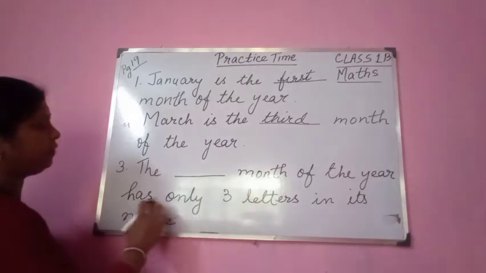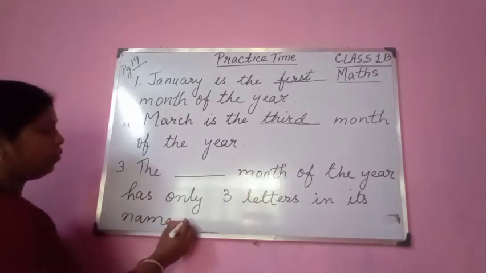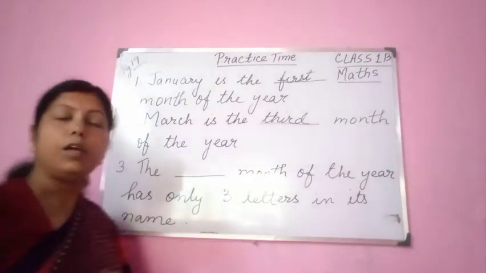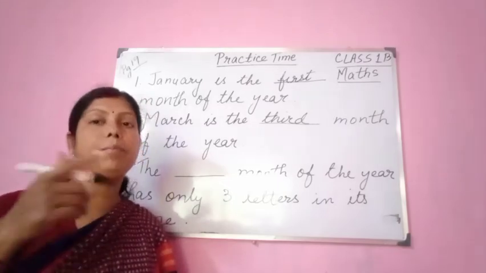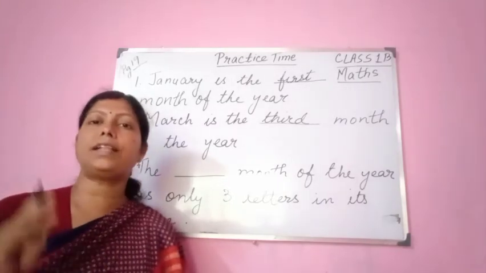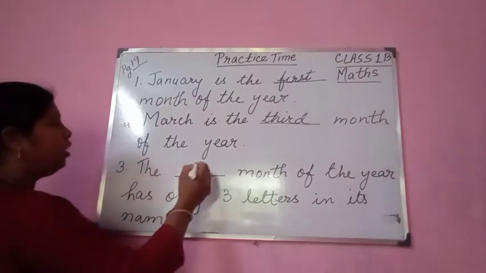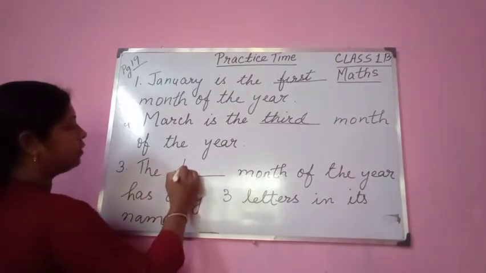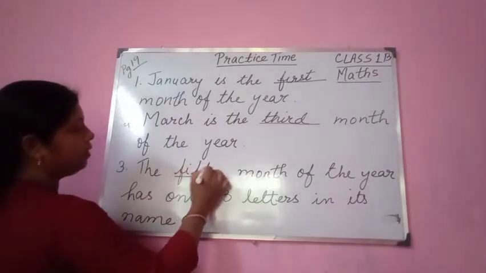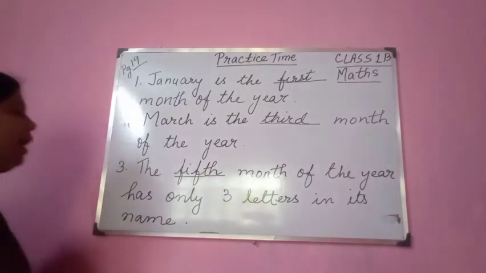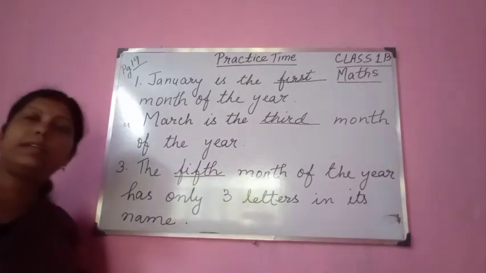So the dash month of the year has only 3 letters in its name. Which is the month? January, February, March, April, May. You see in May how many letters are there? There are 3 letters. So the fifth month of the year has only 3 letters in its name.